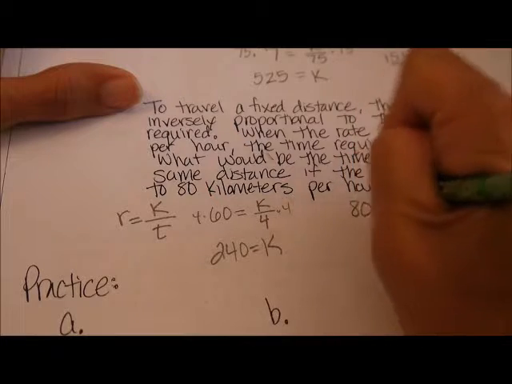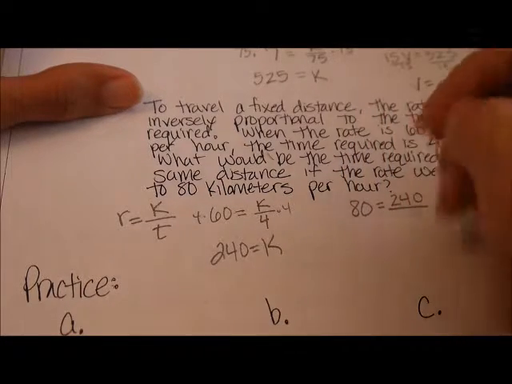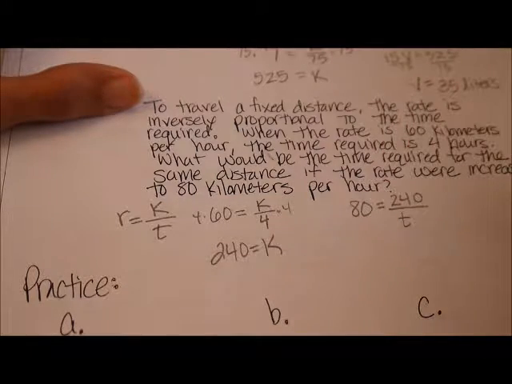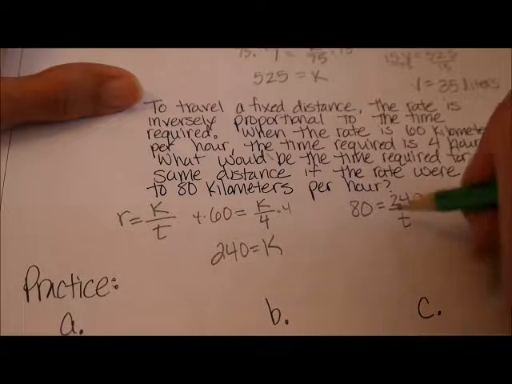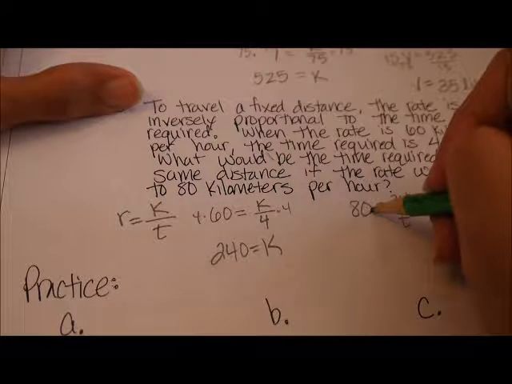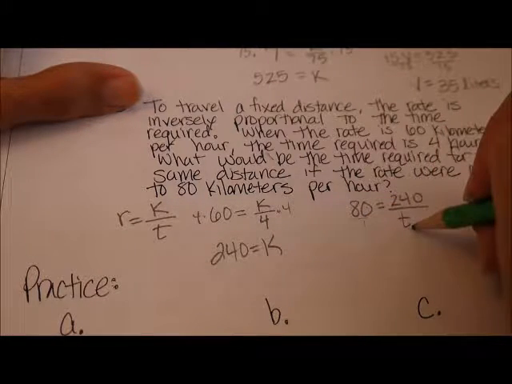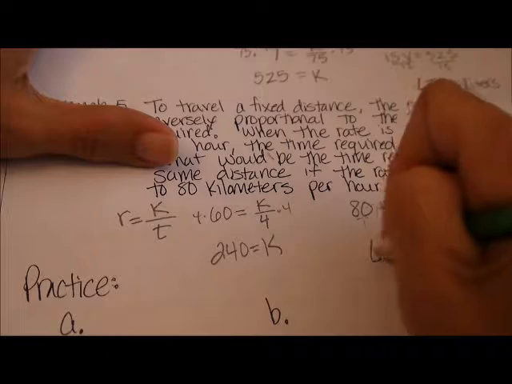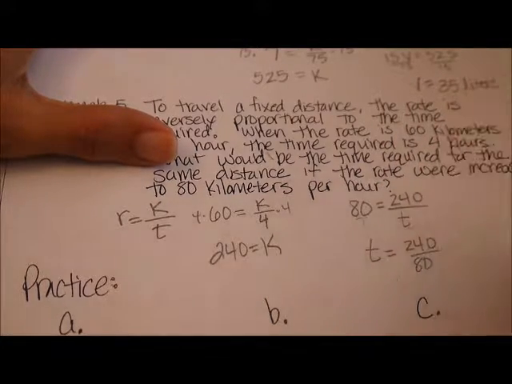So now we have 80 equals 240 over T. Again, my T and 80 can actually switch spots because T is in the denominator, so these two can switch spots. So T equals 240 over 80.